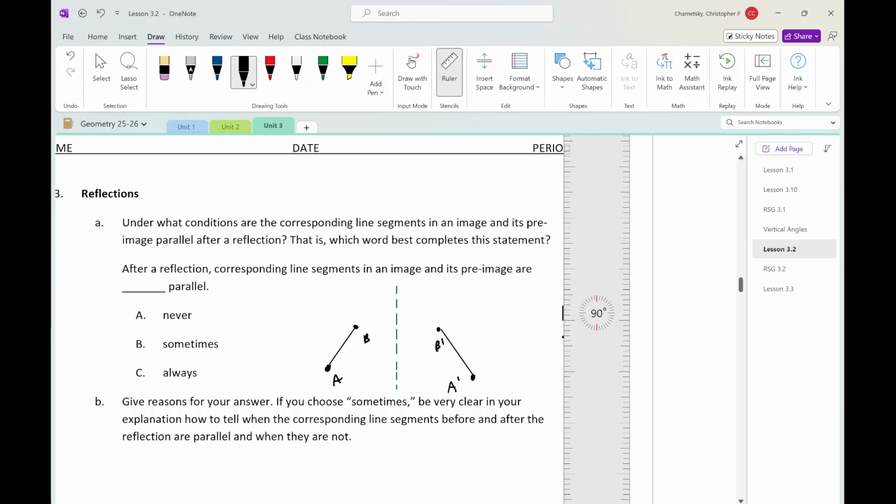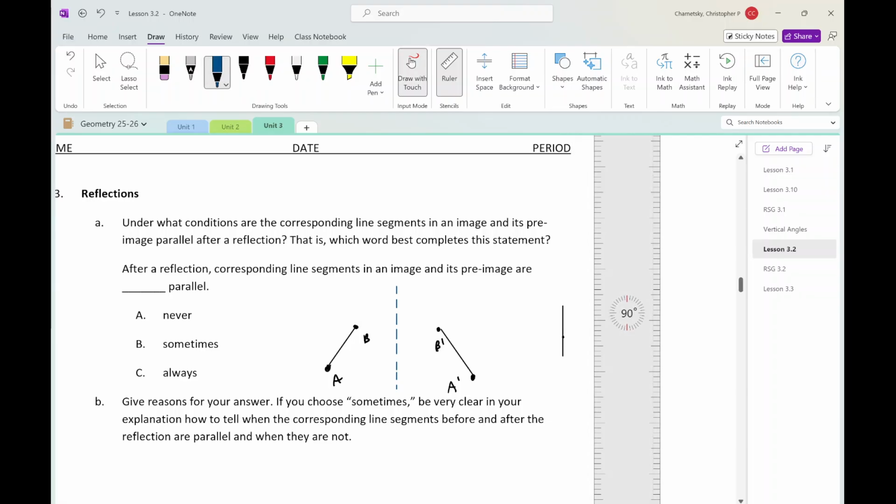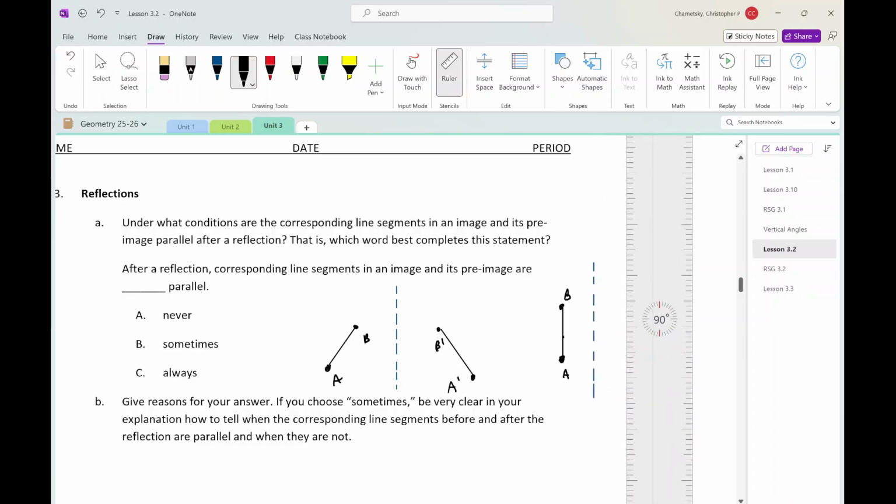So if it is parallel to my line of reflection, well then it'll reflect over here and be parallel to the pre-image.